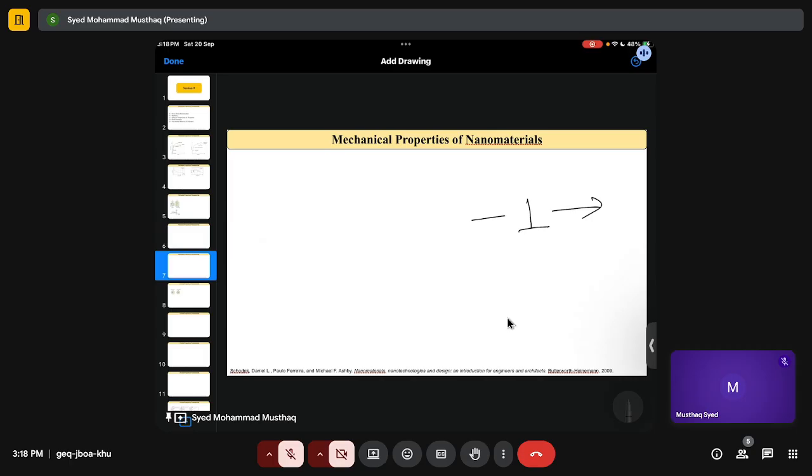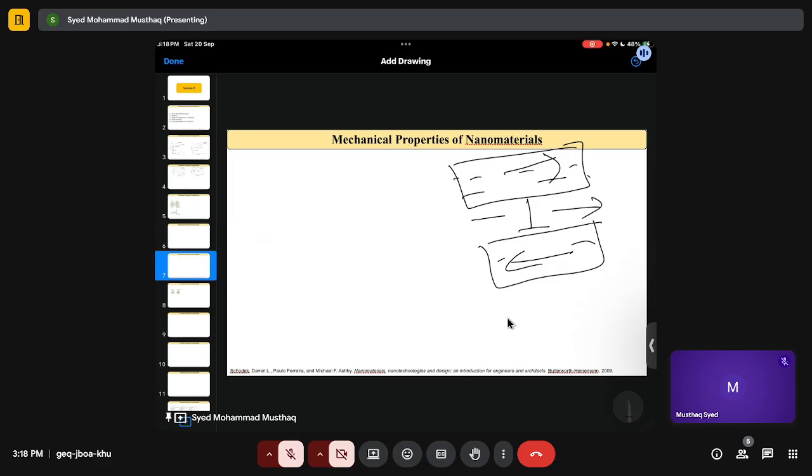That means the upper atomic planes are sliding over the lower atomic planes. It looks like this, but it is not actually the case. Not all atomic planes are moving, that would be impossible. Only one atomic plane at a time, as the dislocation gets moved.